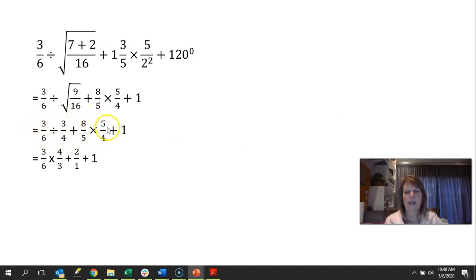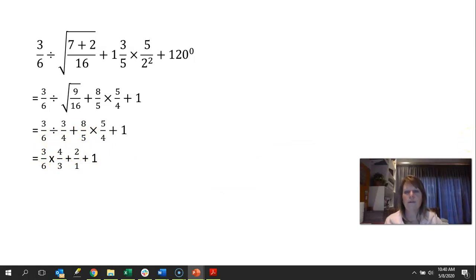First of all, 5 goes into itself once, 5 goes into itself once, so that's 1 and 1. And here it would be 1, and that would be 2. That's where we get our 2 over 4 from. Here we've tipped and times that second fraction, because it was divided, so it would be 3 over 6 times 4 over 3, plus, as we explained now, 2 over 1, plus 1. Can you see how it's getting simpler and simpler every single line that we work out?